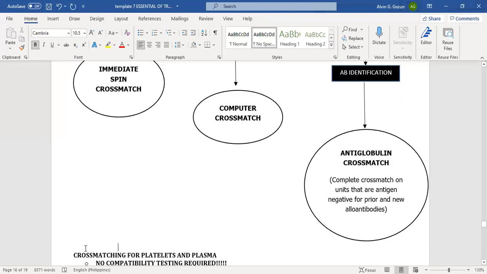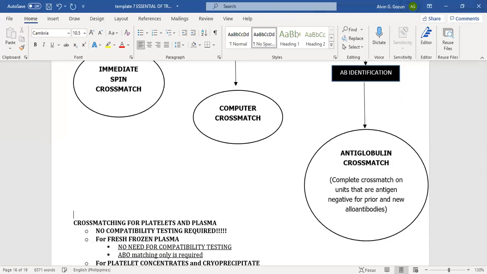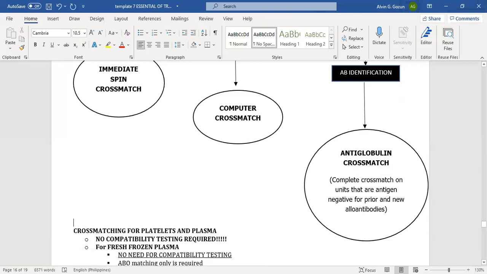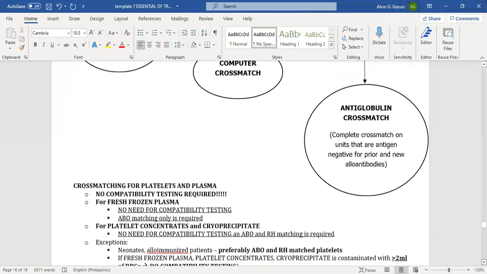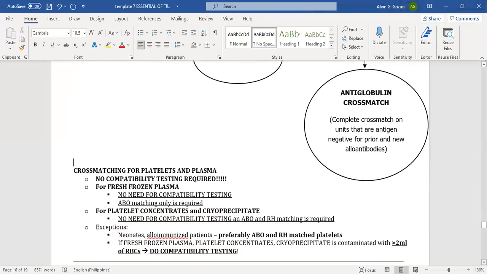So, nabanggit ko kanina, guys, kailan lang natin ginagawa ang cross-matching? Kapag may red blood cells or kapag ang unit is with red blood cells. So cross-matching for platelets and plasma, kailangan pa ba? No more compatibility testing is required. Okay? Hindi na kailangan.